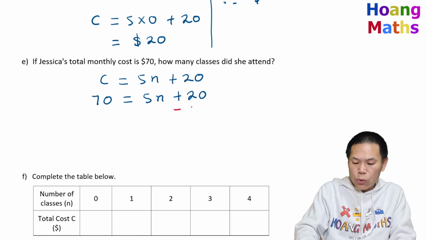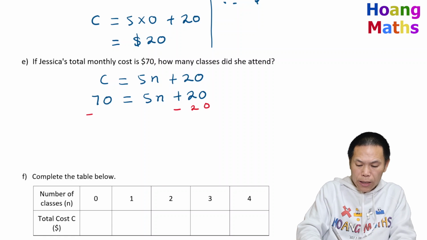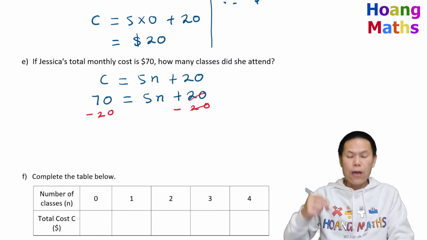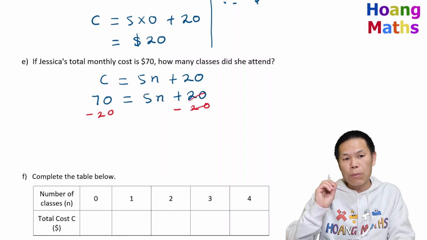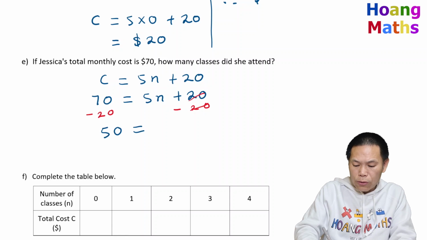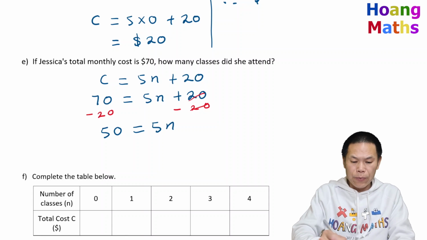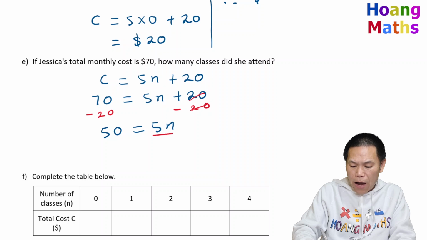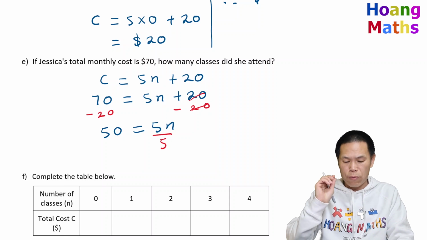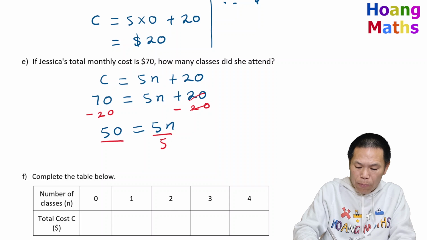So we minus 20 this side, we minus 20 on this side. So this cancels out. So that is 70 minus 20 will give me 50. So 50 is equal to 5n. Then if I divide by 5 on both sides, because I need to get rid of 5, I solve for n. Remember that. I divide by 5.